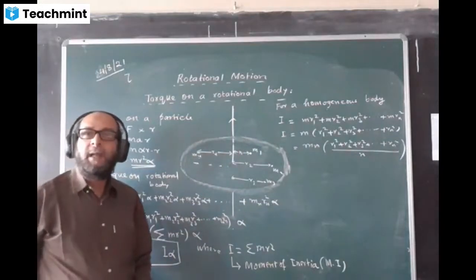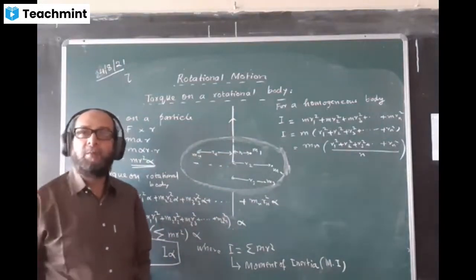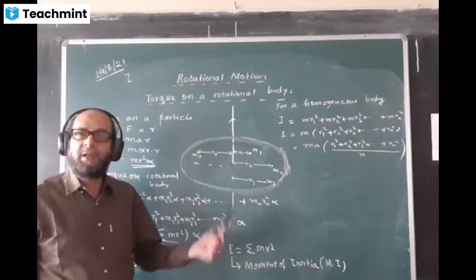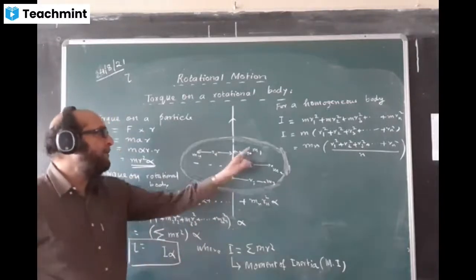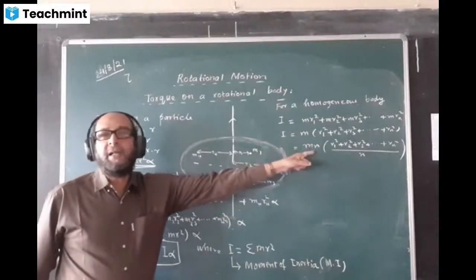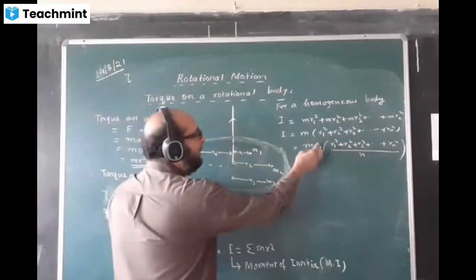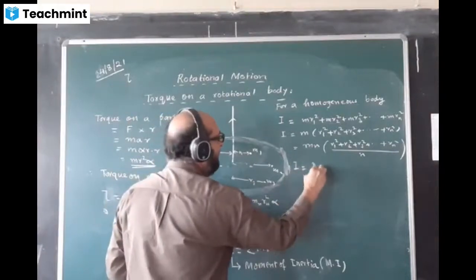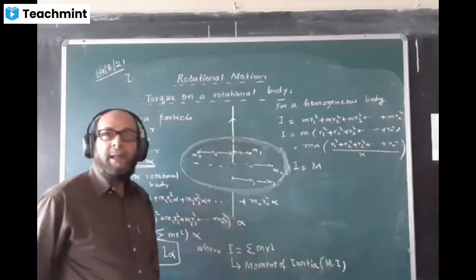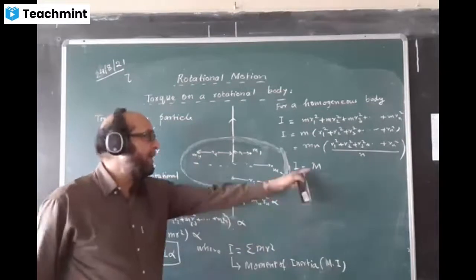What is n? n is the number of particles, or number of molecules. The mass of one particle is m, and there are n such particles. This will make the mass of the entire body, which we denote by capital M. Small m n will be equal to capital M.